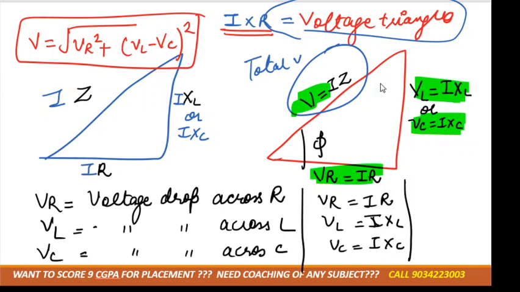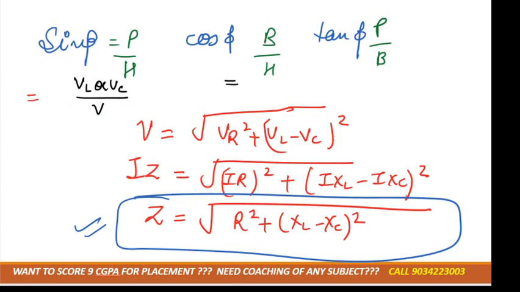That is the base over hypotenuse. So base is how much? VR. VR by total voltage. And tan phi is how much? Perpendicular over base. Understood?